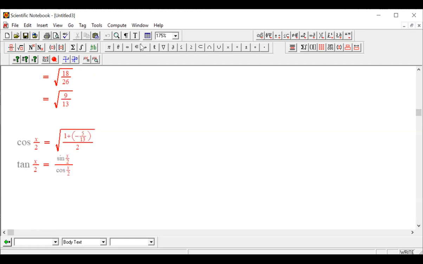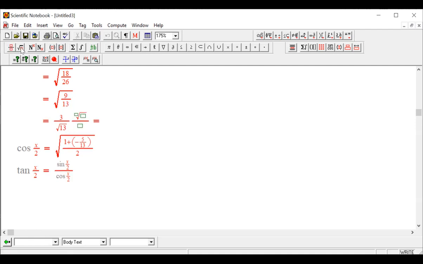This is pretty long, right? But we can do it. Okay, so we have on the top is 3, the bottom is root 13. Rationalize it, right? We multiply root 13 over root 13, right?